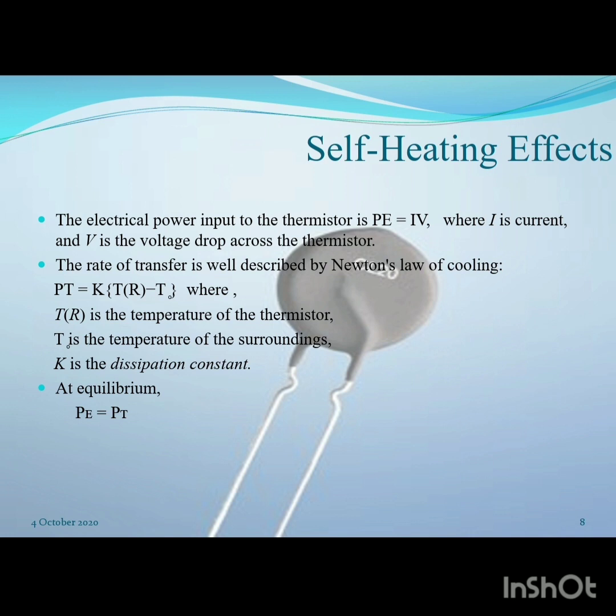Just keep in mind that T naught equals Tr minus V square by Kr. I didn't write all those things on the slides because you would get confused, so I'm skipping and giving just a brief description of them.